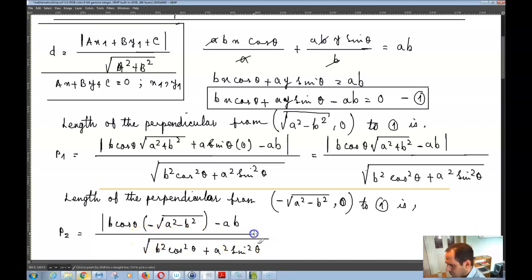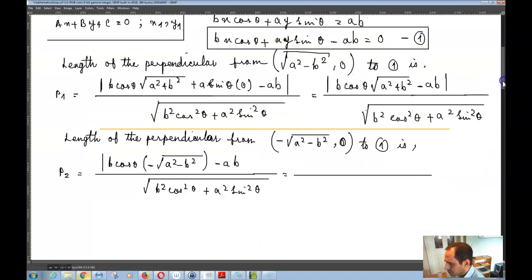And then you can write this as, and this is an absolute value function, so from these two terms I can take a negative one out.